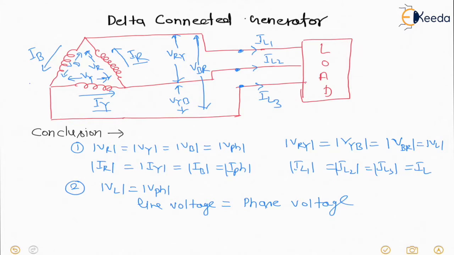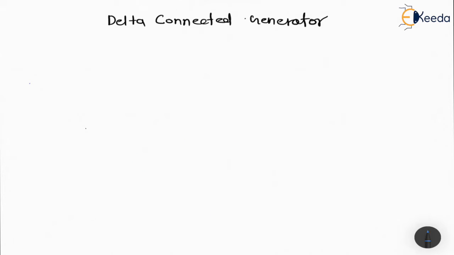Now I am going to draw the phasor representation of all the voltages and currents. So let us assume VR as reference. This is VR, this is VY, our phase sequence is RYB, and this is VB.